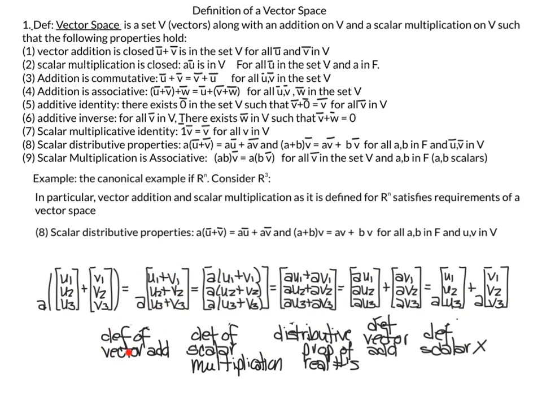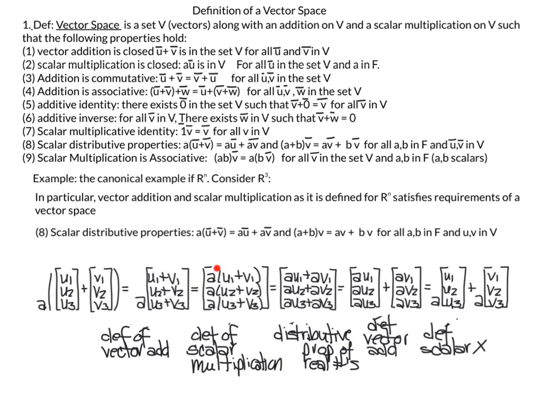Again, this is just from the vector addition of u and v. And now, by definition of scalar multiplication, we just multiply our scalar times each of the coordinates. So this is a times u1 plus v1, a times u2 plus v2, a times u3 plus v3. Again, from this step to this step, that's the definition of scalar multiplication. Now, a, u1, and v1 are all real numbers.